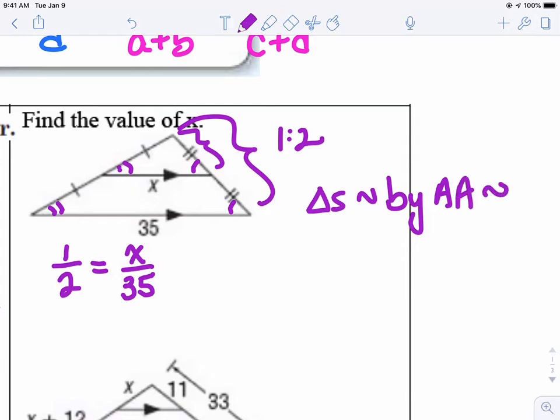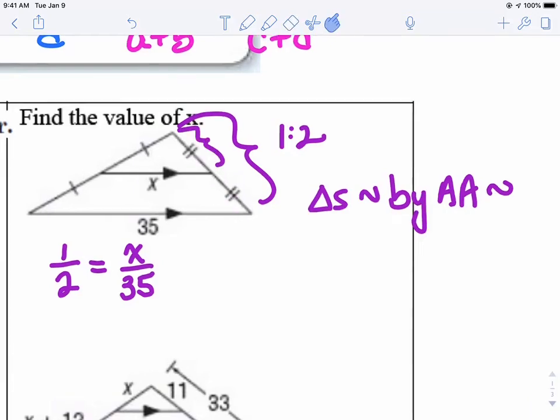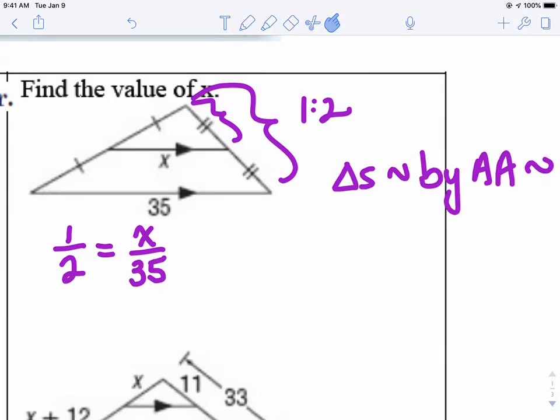I did not do that x is to 1 as 35 is to 1. Okay, I'm not comparing the little pieces to whole sides of triangles. I'm comparing sides of triangles to sides of triangles. So that would mean that x has to be 17.5.